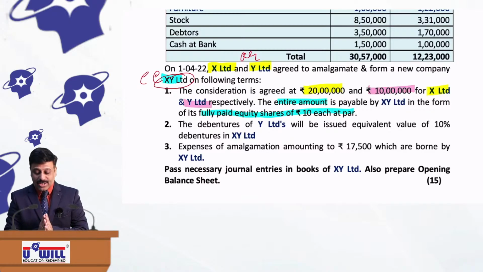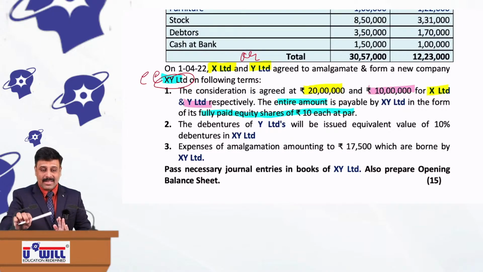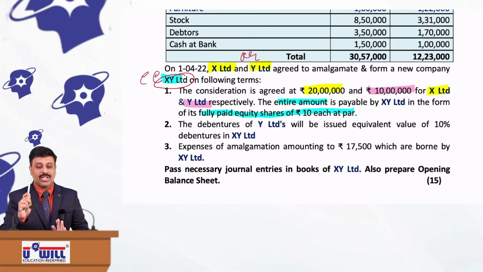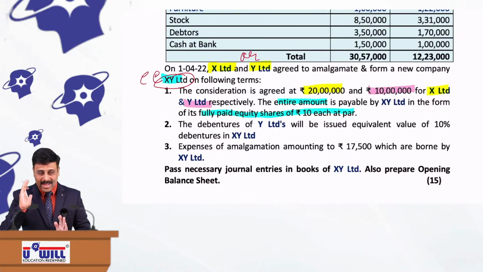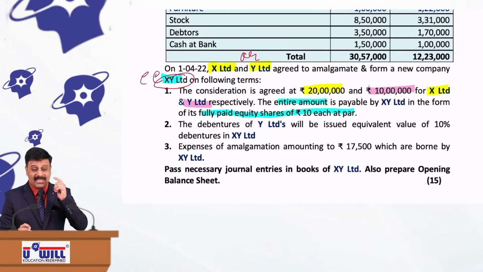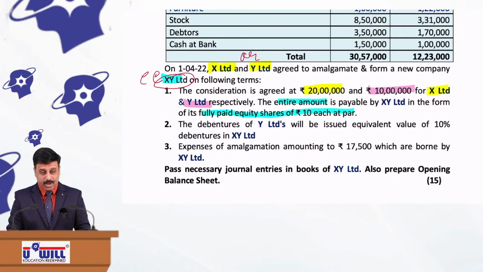So here it is mentioned that the entire amount is payable by XY Limited in the form of its fully paid equity shares of rupees 10 each. This indicates that one of the conditions of merger is being satisfied. Okay, so we are heading towards pooling of interest method because of this. We'll see at the end whether other conditions are also satisfied or not.